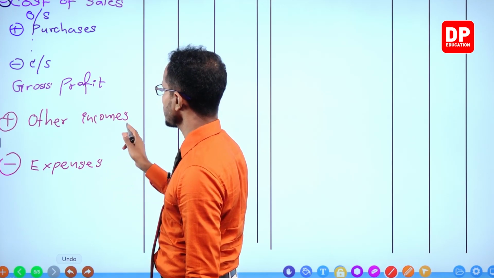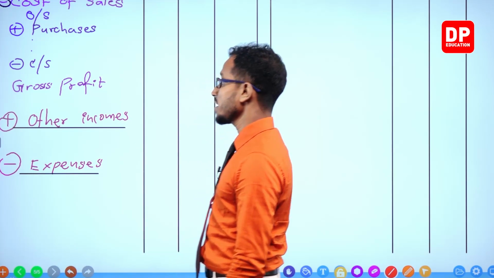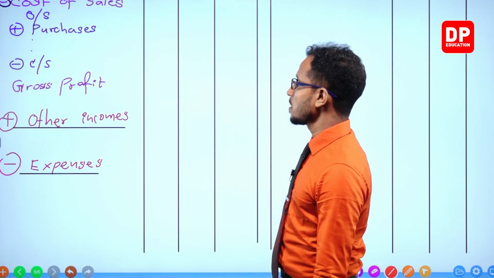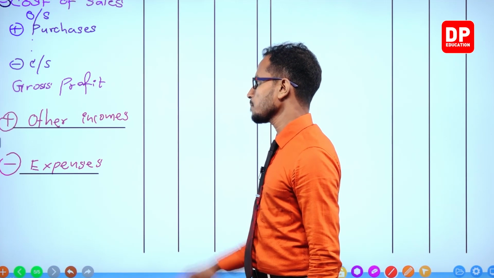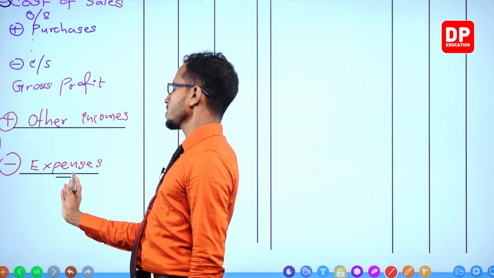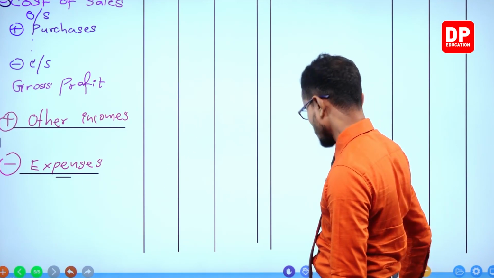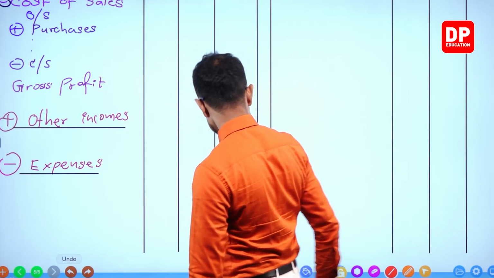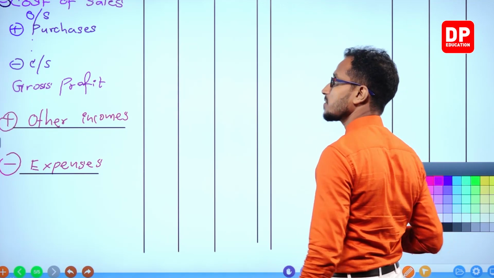Don't cut the headings, underline the headings. There can be many items under other incomes, and under expenses, you should write those expense categories. Do you know what the expense categories are?